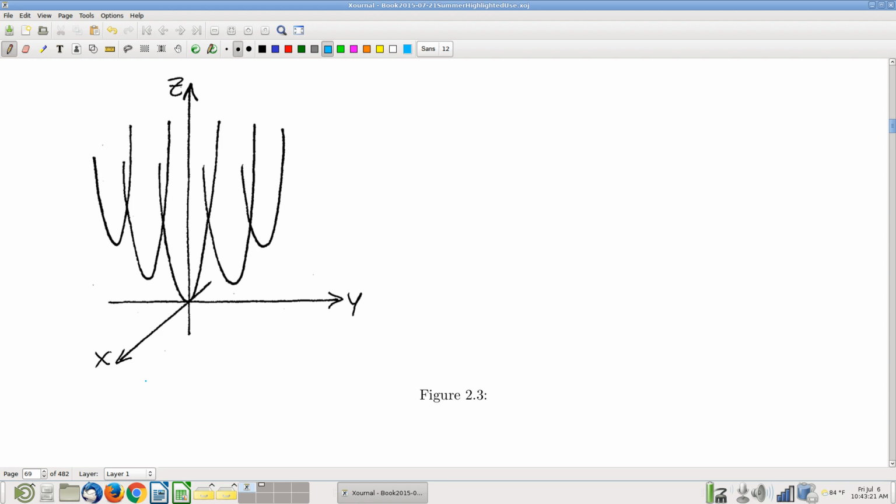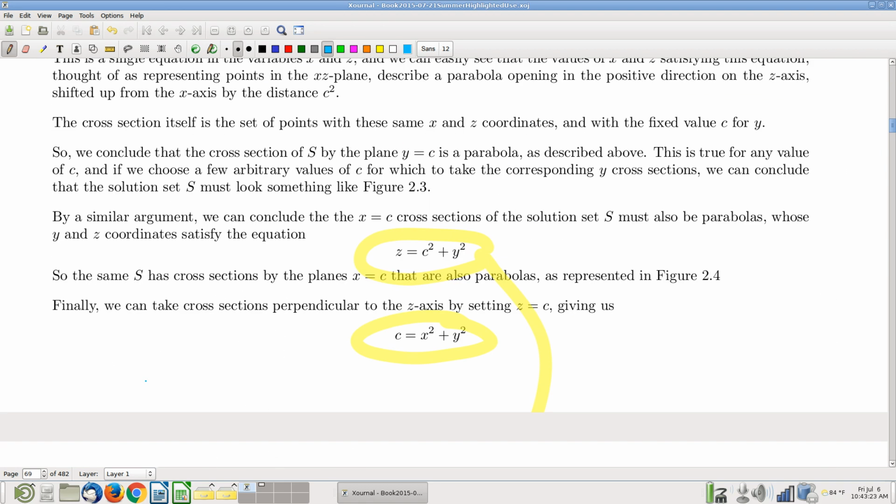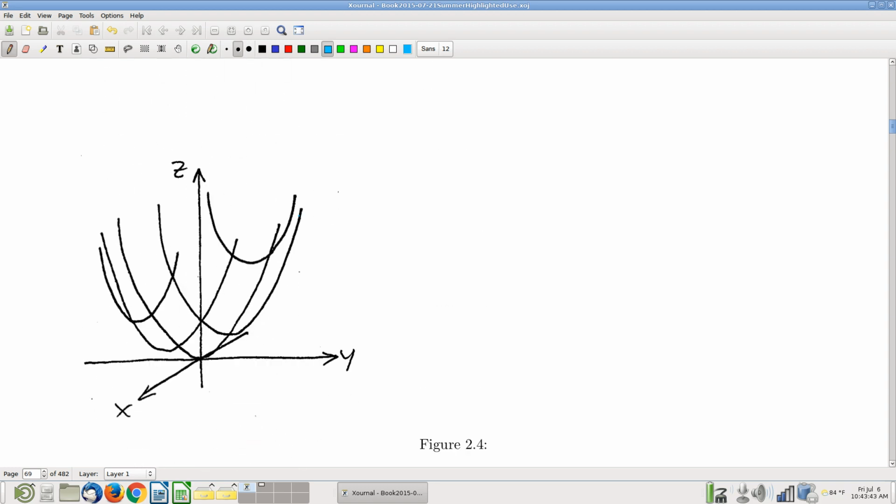Okay, now, why did I set y equal to c? Why didn't I set x equal to c? Well, let's do that too. You can set x equal to c, plug that in, and you get these parabolas. Now these are also upward oriented, but in planes perpendicular to the x-axis, which look kind of like that.